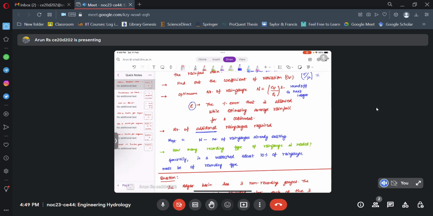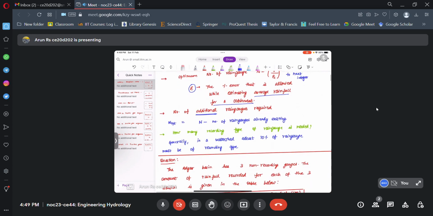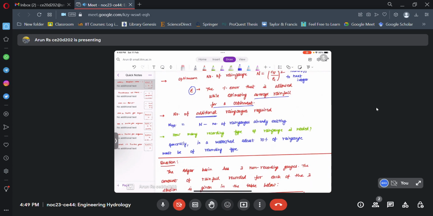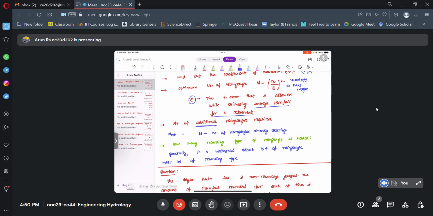This error percentage represents the maximum acceptable limit of error allowed while estimating the average rainfall for a given catchment. Your coefficient of variation divided by the acceptable limit of error, and the square of it, will give you the total number of rain gauges.